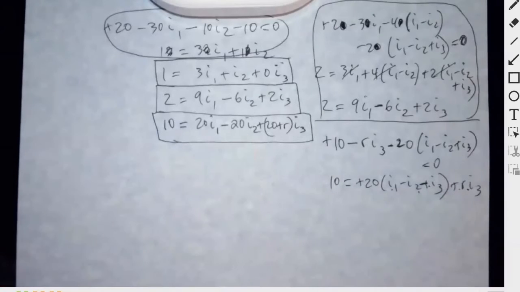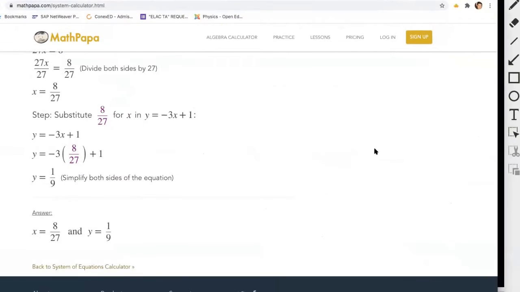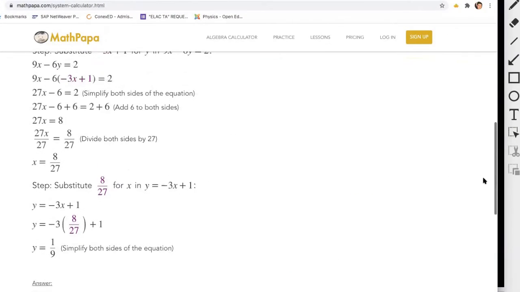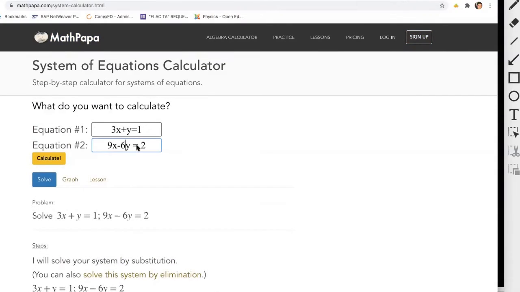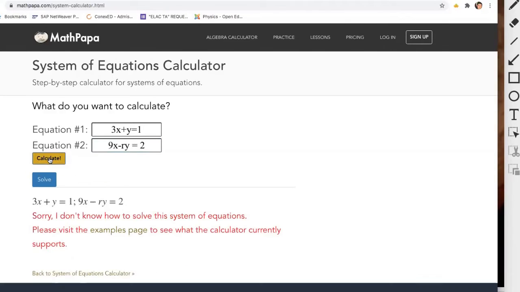You might be able to do this online. Let's see if that works. I'm not sure if this website does that. Let's see, can this do a variable? Let's see if this website can do a variable. Calculate. Sorry, I don't know how to solve this. Let's see.